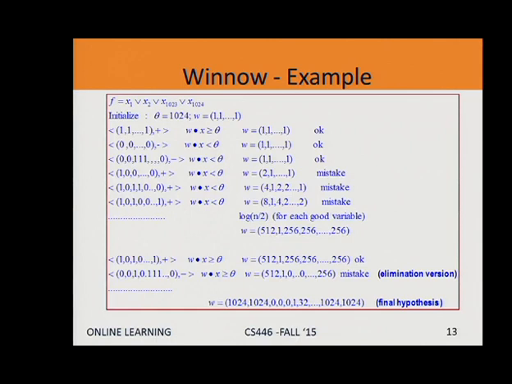What's going to happen to this 512? Come on, louder. What's going to happen to the 512 here in W1? Not change. When will this number change? x1 is 0 here.